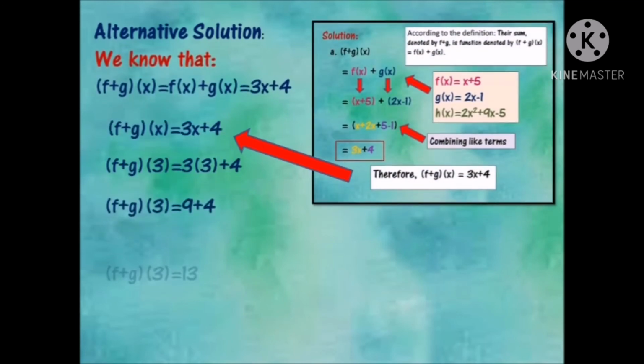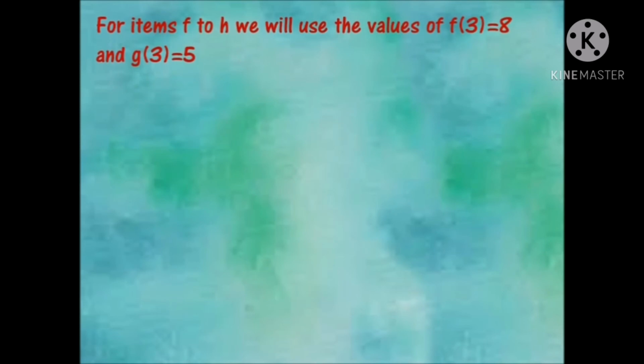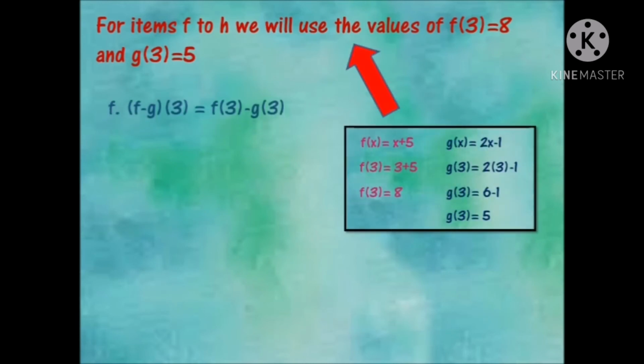Okay, next. For items F to H, we will use the values of f of 3 is equal to 8 and g of 3 is equal to 5 na nakuha natin dun sa ating previous solution.